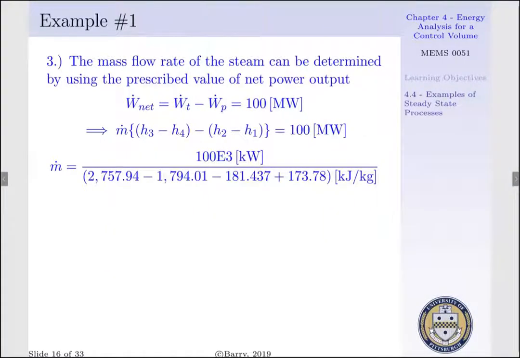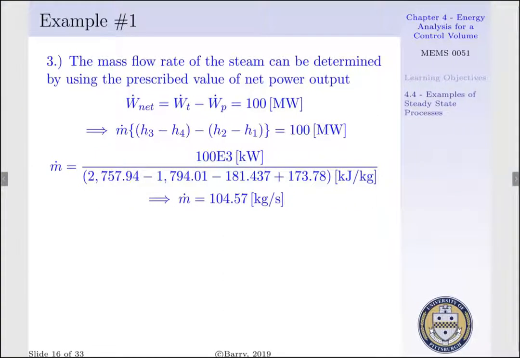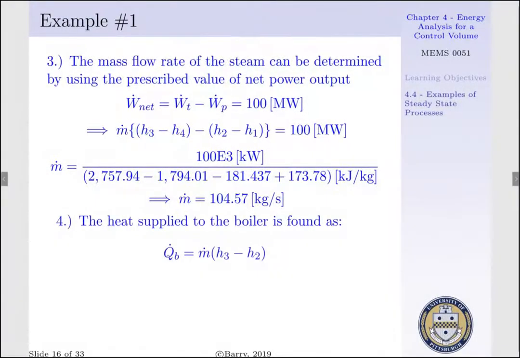Or our mass flow can be 100 e to the third kilowatts per h3 less h4 less h2 less h1. Thus, our mass flow rate for this particular cycle to execute based upon our given state variables and our net power output has to be 104.57 kilograms per second.